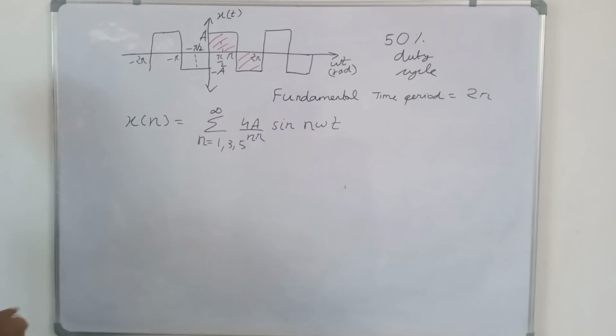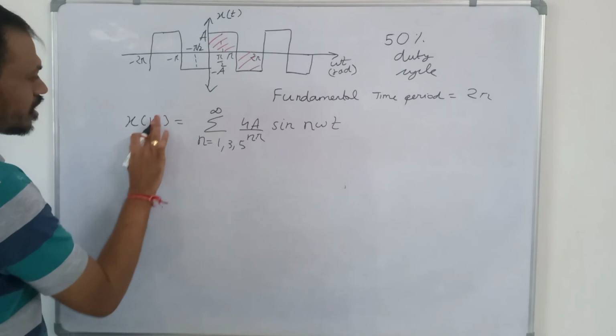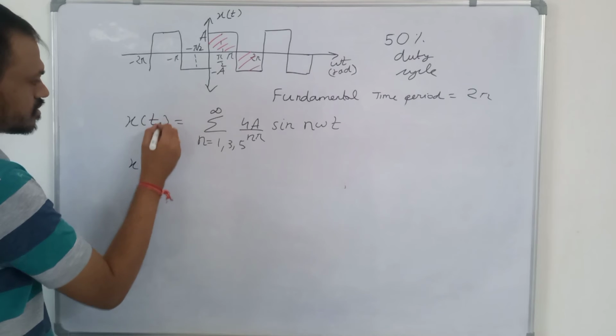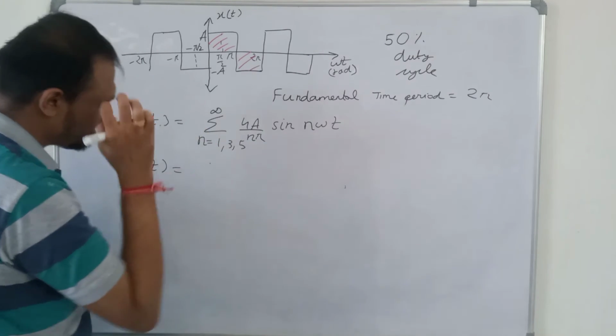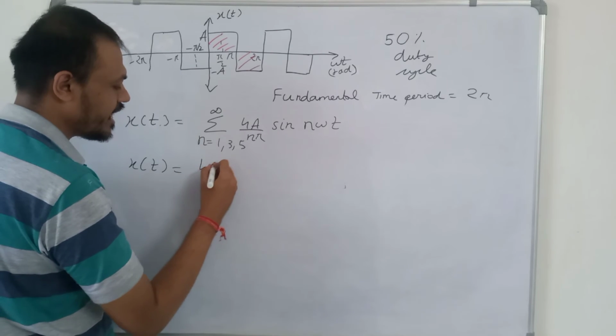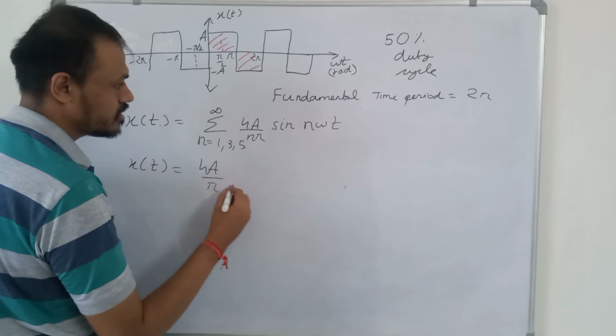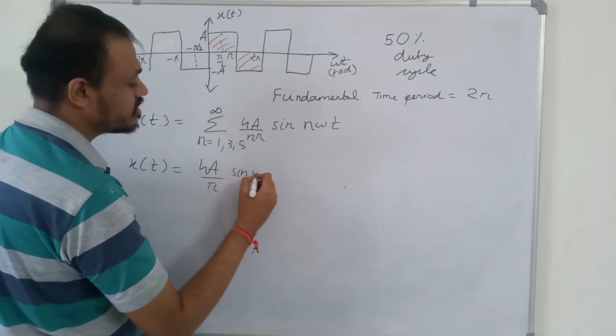So we can expand like this, x of t will be equal to, for n equal to 1, 4a upon pi sine of omega t.